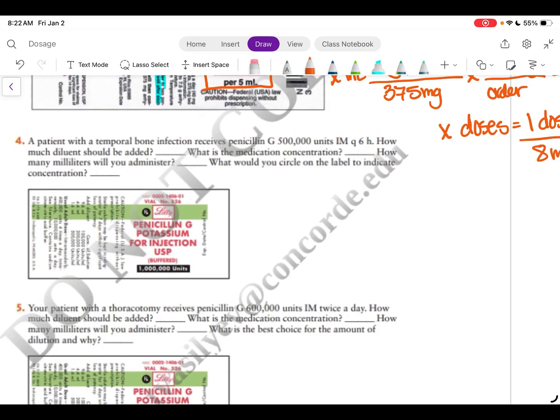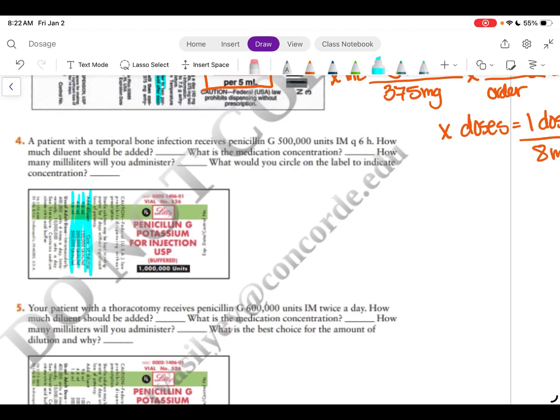Moving right along, number 4. A patient with a temporal bone infection receives penicillin G 500,000 units. How much diluent should be added? Okay. Let's see. So it's right here. And this is one of those where you can make a choice, right?